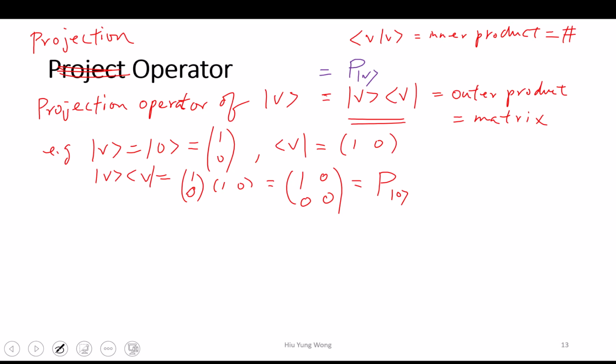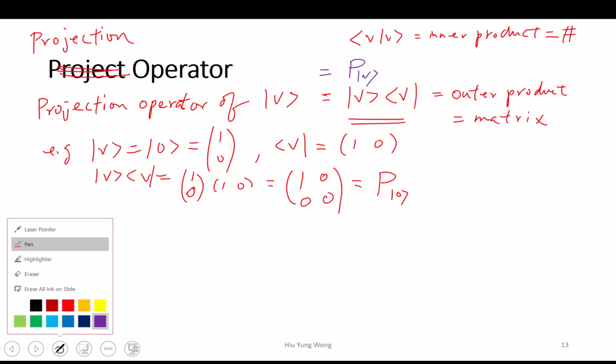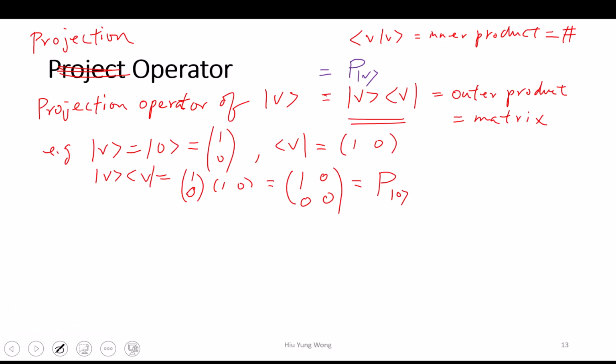But what's special is here. Let's take a look at an example. What does it do? Okay, for example, I have a state psi equals alpha |0> plus beta |1>. Again, a superposition of the two basis states.